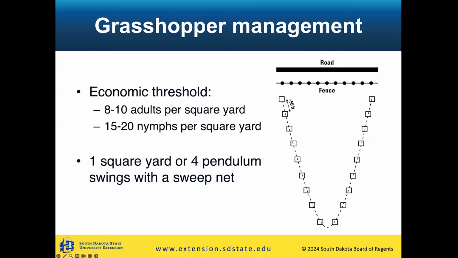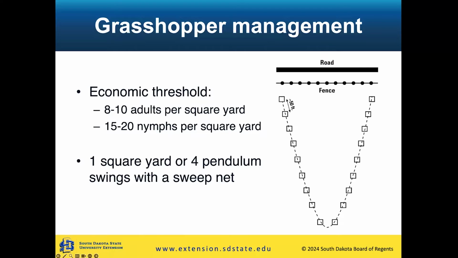So there can be an edge effect with grasshoppers. So you want to make sure that you go quite a ways into the field and make this little horseshoe pattern, making sure those squares, or where you're doing those pendulum swings, are 50 feet apart. So you can sample these different patches throughout the field.